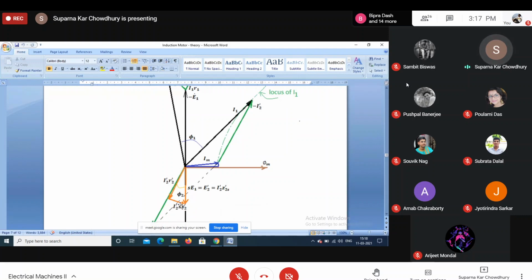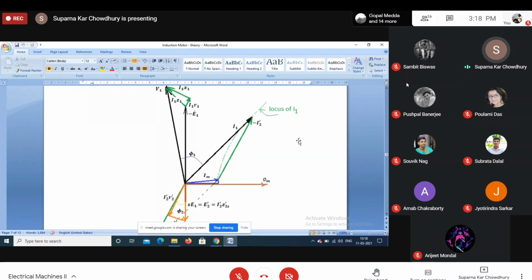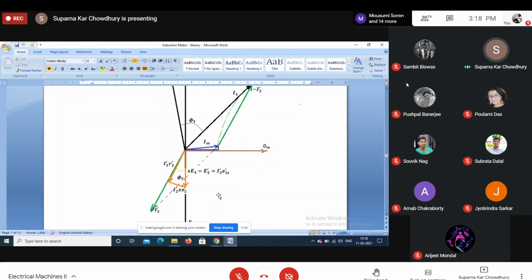Basically, this angle will be the same as phi 2, because this I2 we can draw here also. So that angle is phi 2. So that is the power which is transferred to the rotor. Now in the rotor circuit, this is I2 dash, R2 dash.